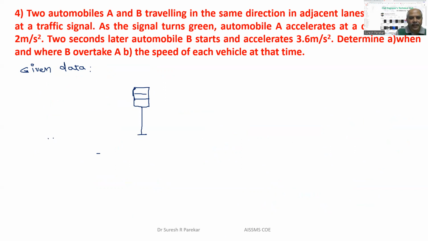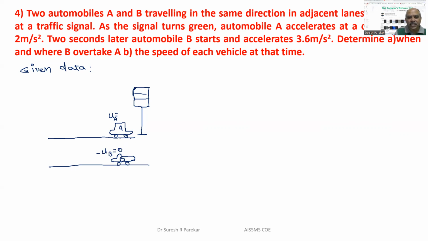We have 2 vehicles in adjacent lanes stopped at the signal. One car we have in this fashion, another we have a simple car. Now it is given the initial velocity of both is 0. So I will say UA, UB, we have 0. This will be B.